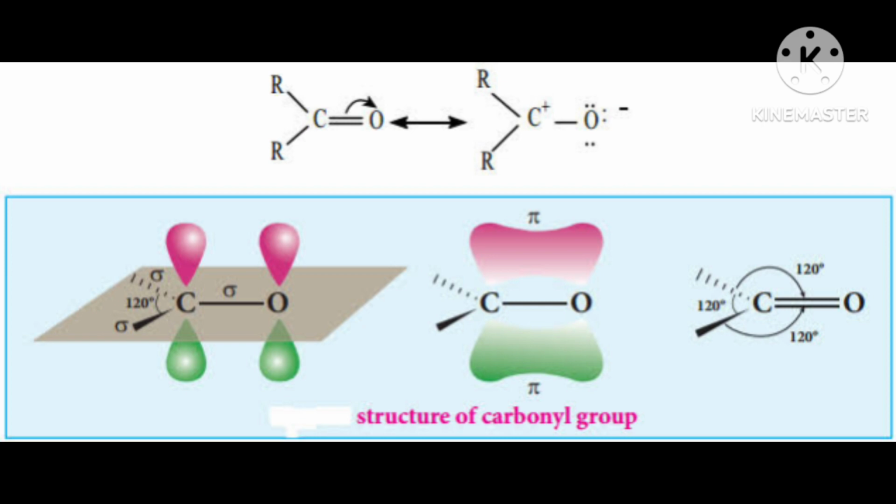IUPAC name, that is 3-methyl. You have to count from CHO. 1, 2, 3. The carbon to which CHO is attached, from that carbon you have to count 1, 2, 3. Third carbon methyl group is there. Then 3-methylcyclohexane carbaldehyde, because from the ring CHO group is attached.